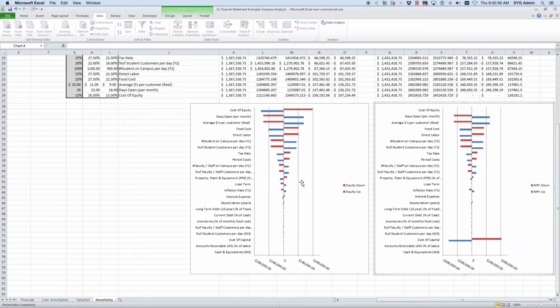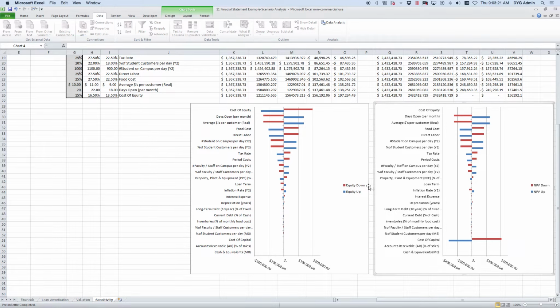Now, the way you would read this chart basically is a big move, positive or negative. You can see how big it is out here. So, for example, cost of equity, when the value is shifted down, so cost of equity is lowered by 10% of whatever it was, that increases the value of equity.